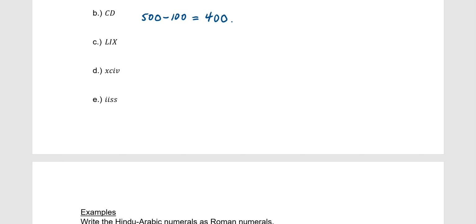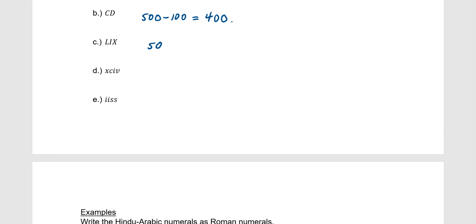For the next one, for C, we have LIX. So L is 50, I is 1, X is 10. 50 is the largest here and it's first, so we're going to be starting with that one. However, for the next part, we have IX.